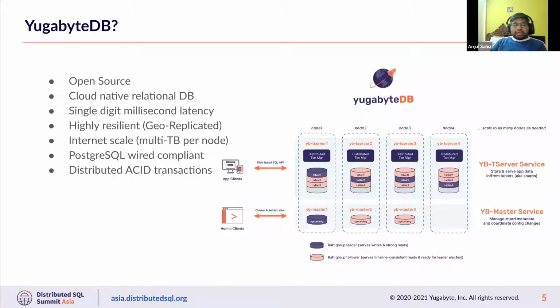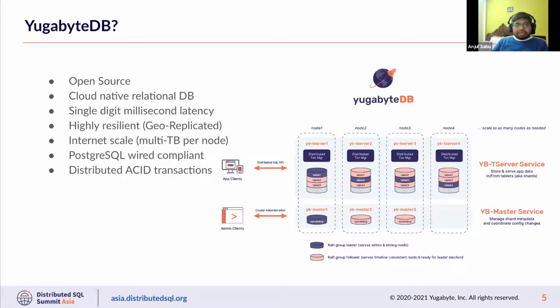Regarding high availability and resiliency, it can be spread across geographic locations in multiple AZs, and it offers internet scale deployments. By internet scale, I mean you can store multi terabyte data per node, and it supports Postgres SQL, and it also supports distributed ACID transactions.